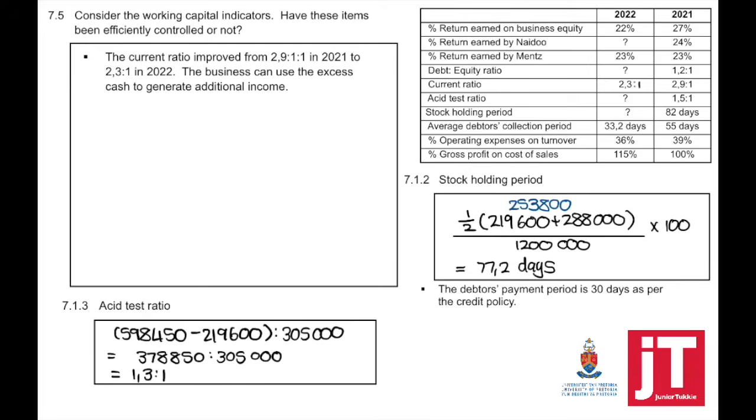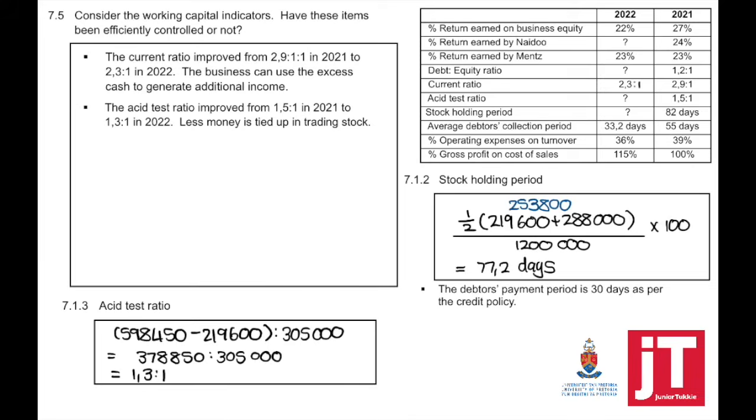Our next option is our asset test ratio. If we compare last year with this year, the asset test ratio decreased from 1,5 to 1 to 1,3 to 1. So if it decreased, it's actually also an improvement.